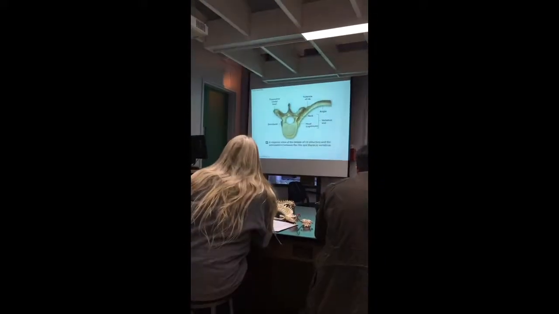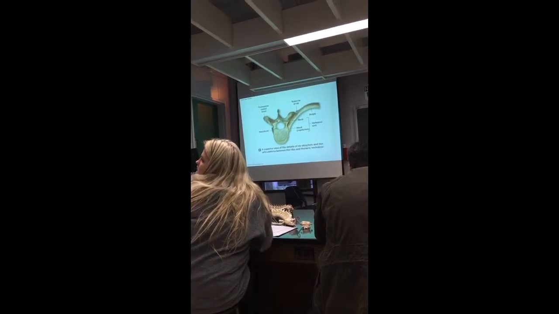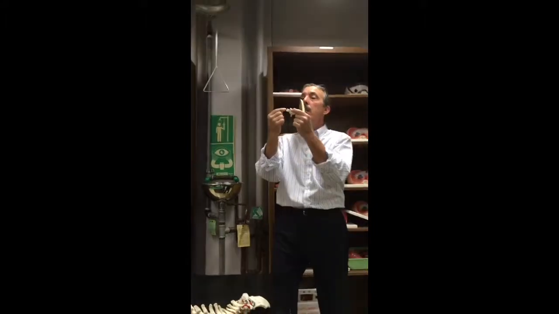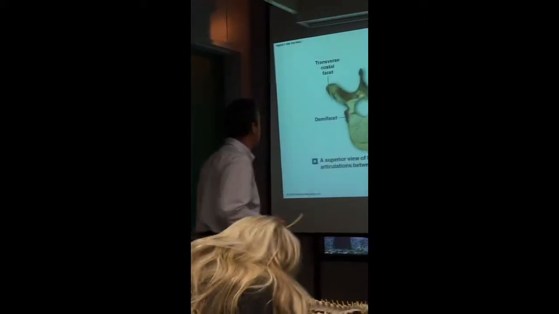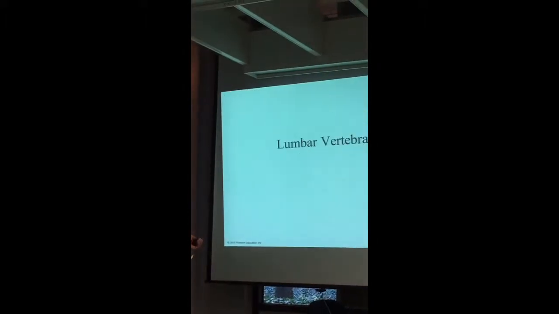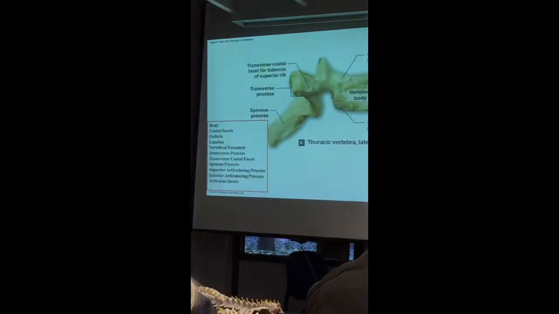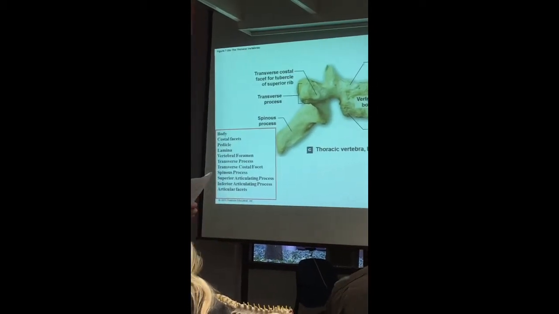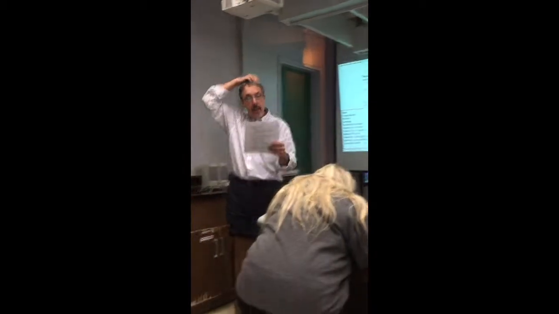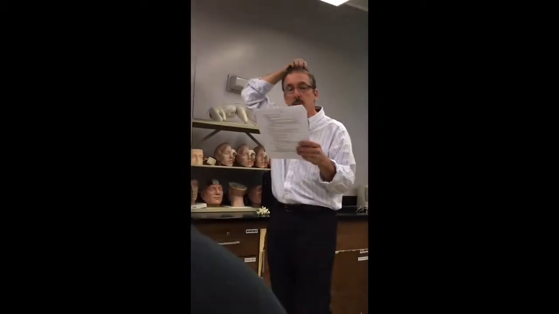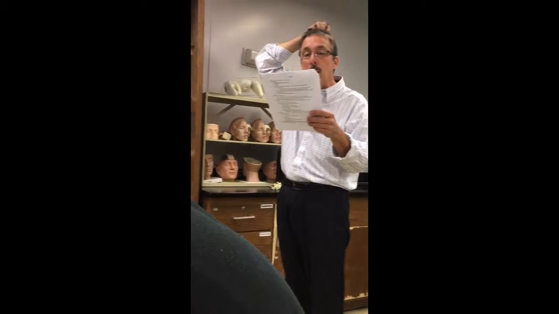Ready, guys? So watch this. Costal facet on the side of the body, transverse costal facet. You've got to say the whole name. That's for the tubercle of the rib. You seem to do well on that. Let me go back to our notes for a minute. I want you to highlight this time here. Letter E, the transverse costal facet, E1.